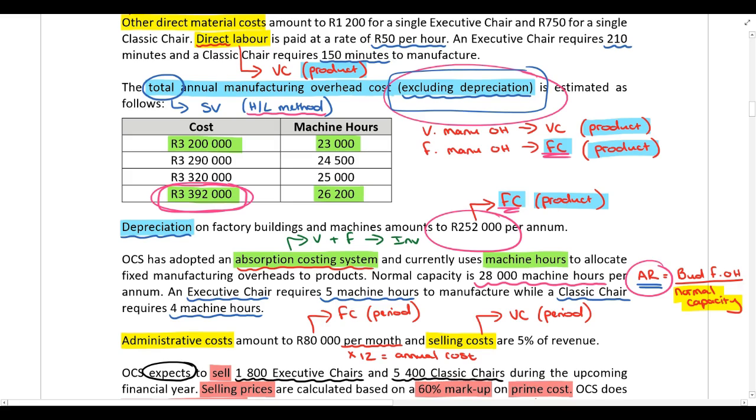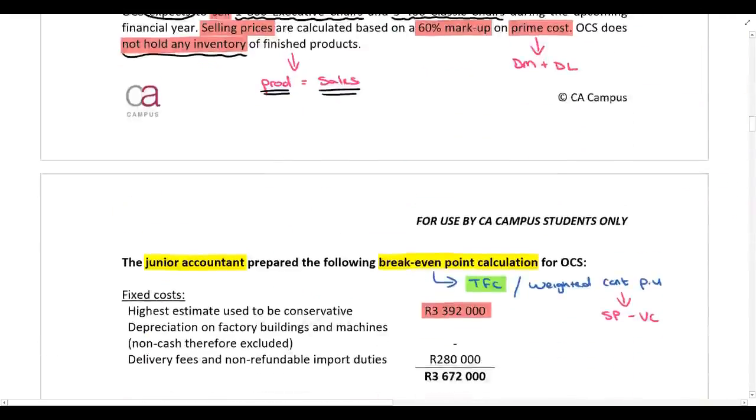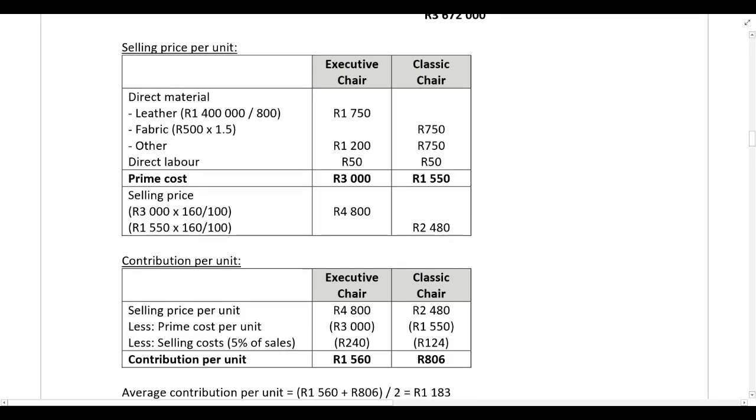Now, that's obviously incorrect because the cost includes both a fixed and a variable portion, so it should be split out. And in the calculation of fixed costs, we should only take into account the fixed portion, and the variable portion will be taken into account when we calculate the contribution per unit. So make sure that you answer both parts of the required over here. Firstly, discuss the error.